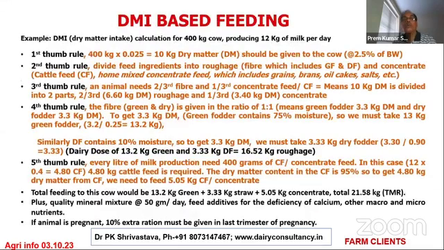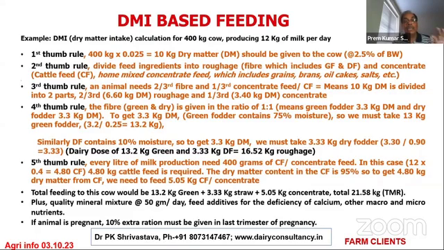This is how to calculate dry matter basis feeding. I am not going to detail it. I will just say, if a cow is 400 kg, suppose it is a Jersey cow, it is a small cow. If it is a Gir cow, it is 600 kg. Take a Jersey cow of 400 kg producing 12 liters of milk.